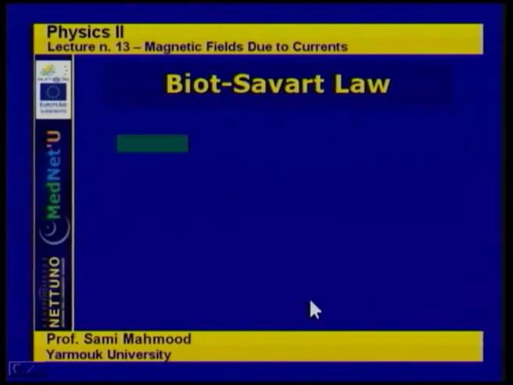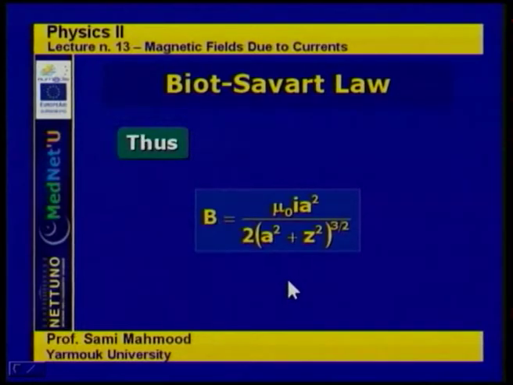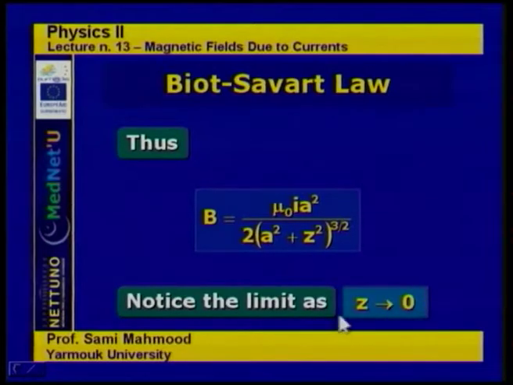Putting these together, taking into consideration that a squared plus z squared is always constant, we find that B is equal to mu naught I a squared, the radius of the current loop squared, divided by 2 times, in parentheses, a squared plus z squared to the power 3/2.